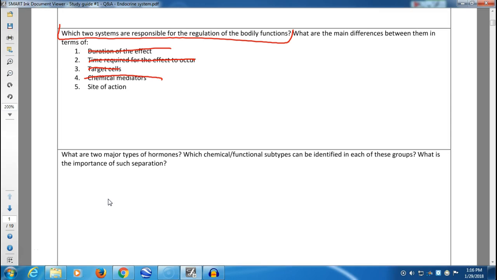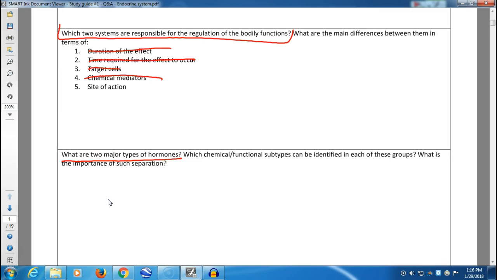Two major types of hormones. I'm referring to fat versus water soluble. For water soluble, remember we have amines, peptides, proteins. For fat soluble, we have sterol hormones, like cholesterol-based hormones, pretty much.